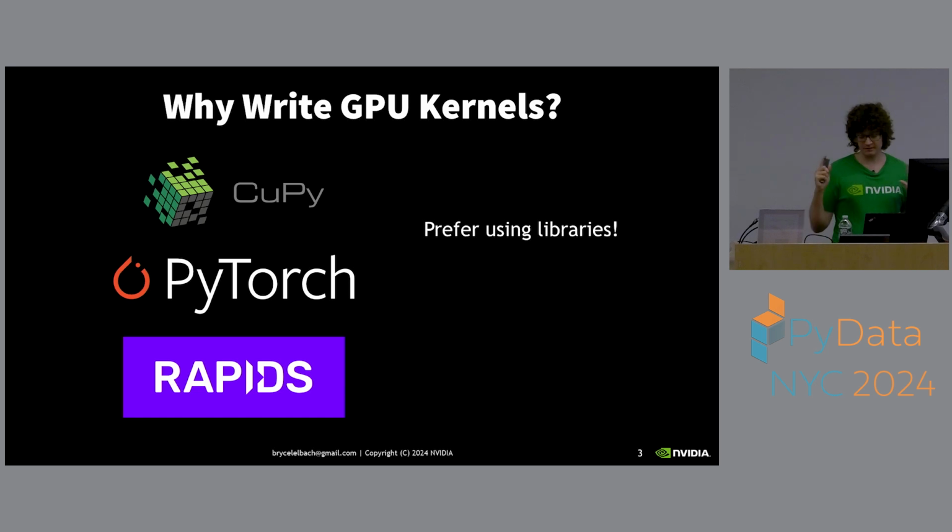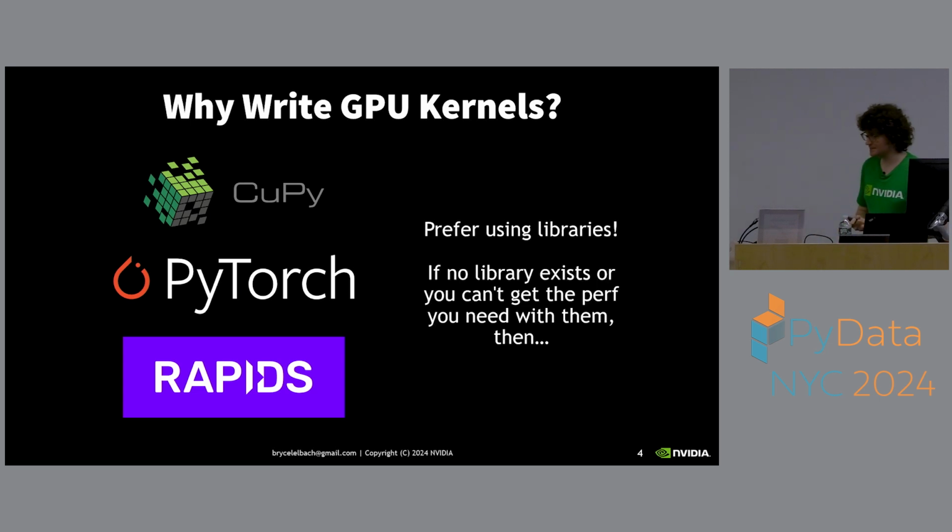And so you should definitely try libraries first before you start planning to write your own kernels. Not only will they make your life easier, but they'll often give you better performance because they're written and tuned by a team of experts. And they'll be updated as hardware and algorithms evolve over time. So they're basically going to do free work for you.